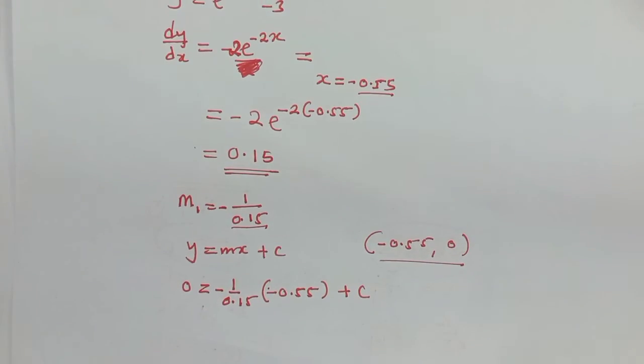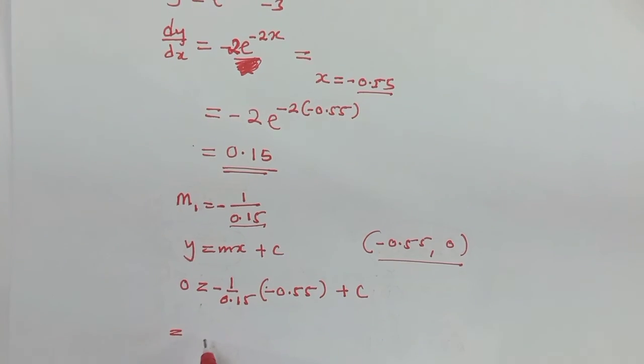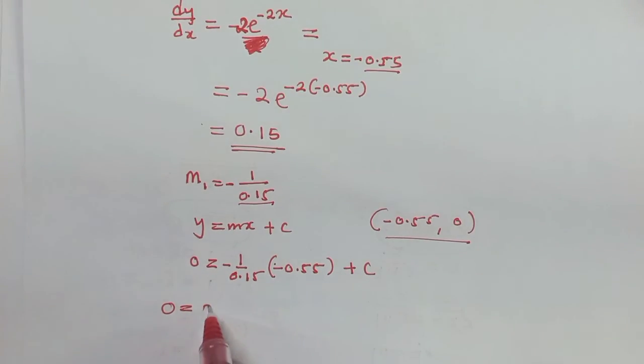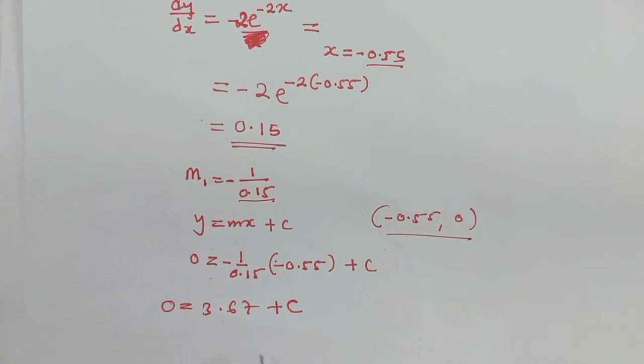We're solving for c. So what are we getting? 0.55 there divided by 0.15. Okay, so we're getting 3.67 plus c as our solution when we work out what is here.